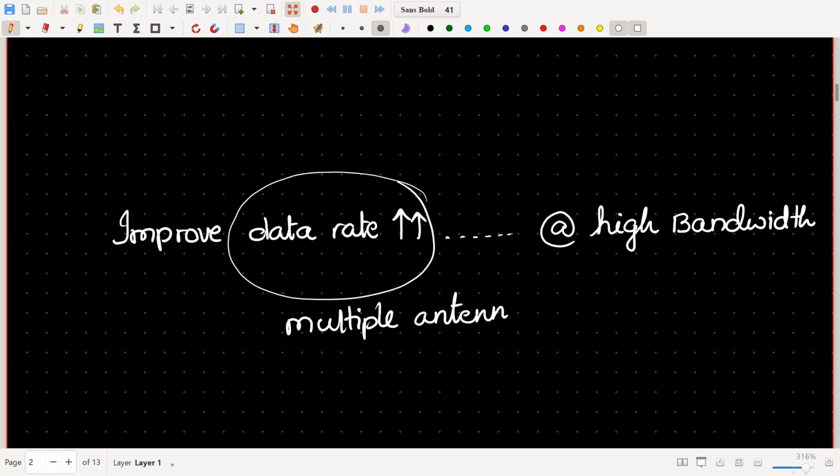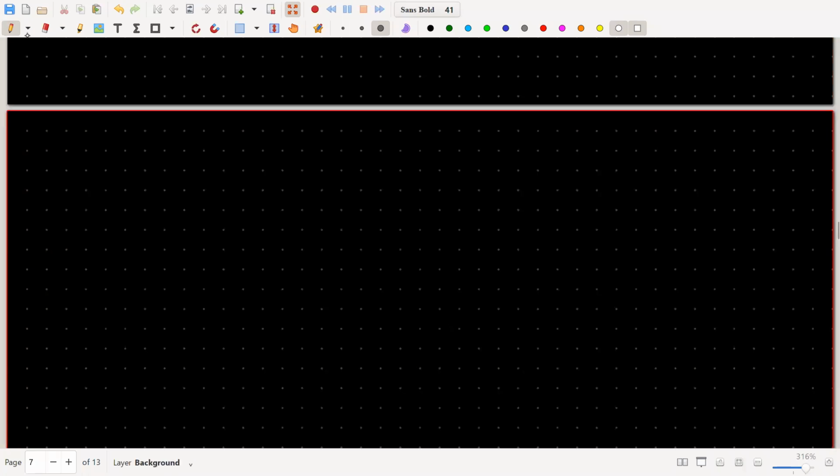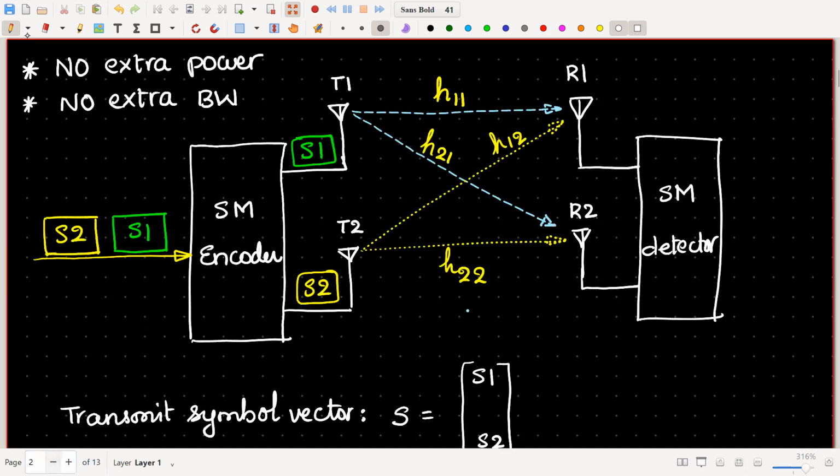So you have multiple antennas both at transmitter and receiver. Because of this, you have a chance of transmitting symbols parallelly. Whenever you encounter the word parallel transmission, it doesn't mean the paths we have like H11, H22. No, this is not the intention. Parallel transmission means you're transmitting different symbols parallelly.